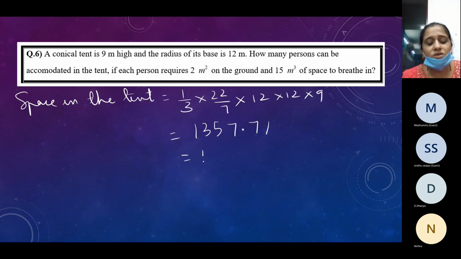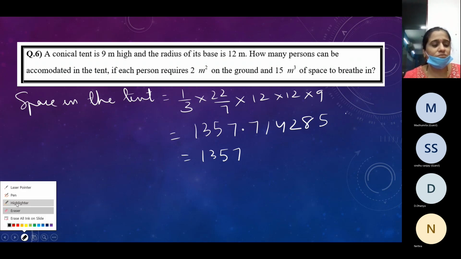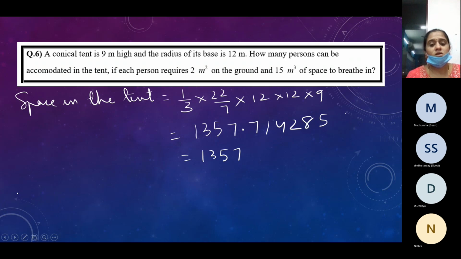So the space in the tent is 1357. It's a non-terminating decimal, 428.571, like this it goes on. So we just round it off to 72, or you can have the 71 also.